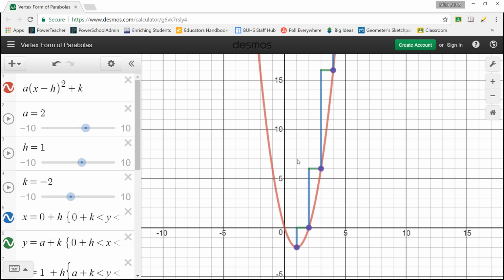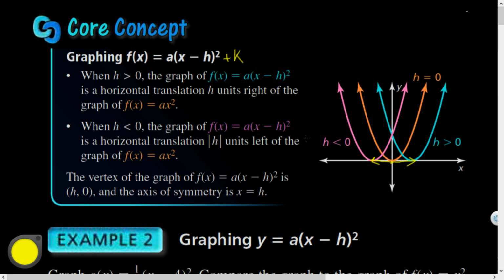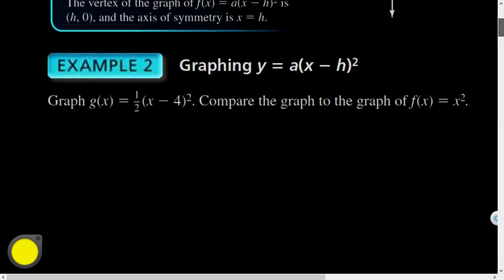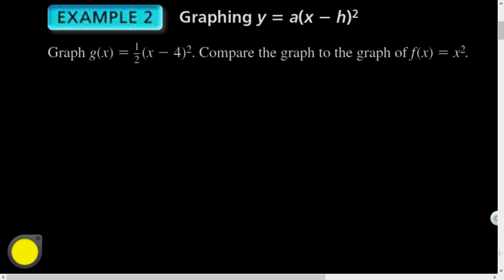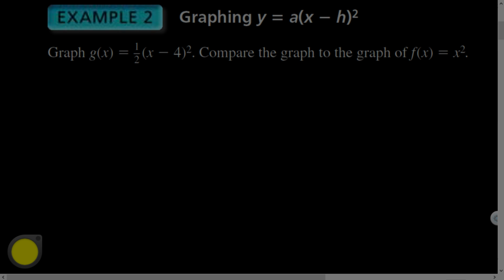All right, so let's take a look at this, shall we? It says, yeah, you can shift it around, basically. So it says, let's graph this, and when we graph it, it says then compare it to the parent function, right?